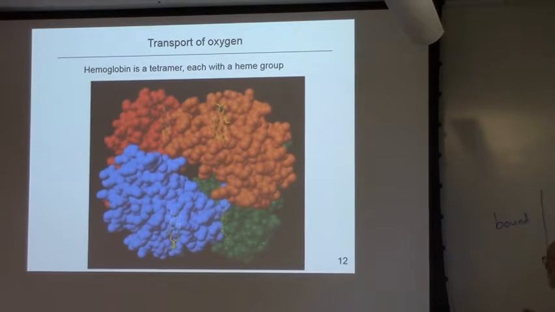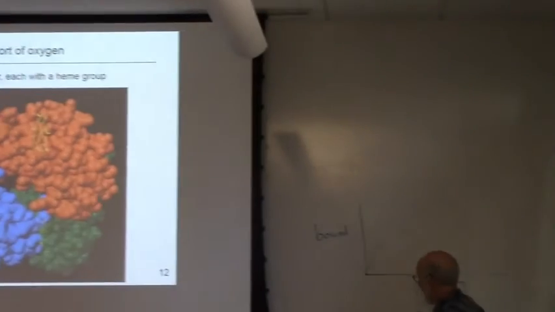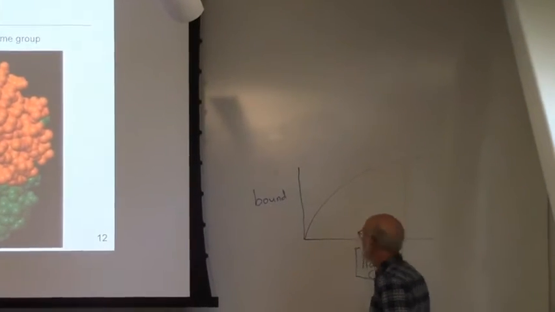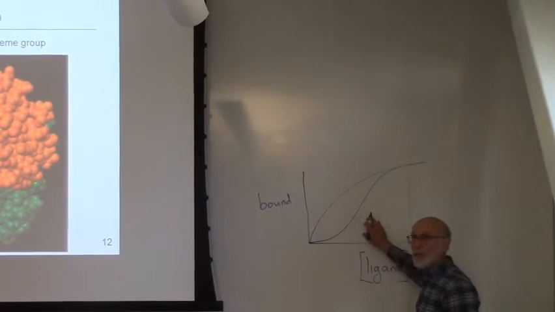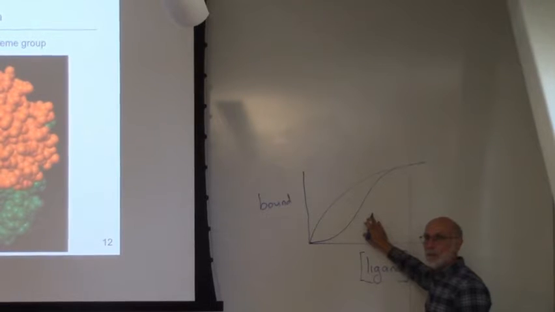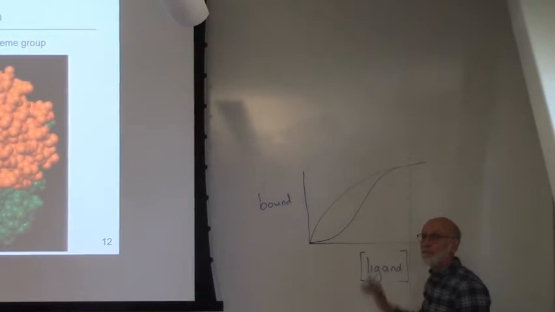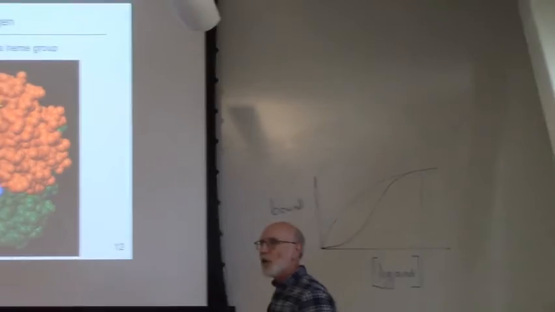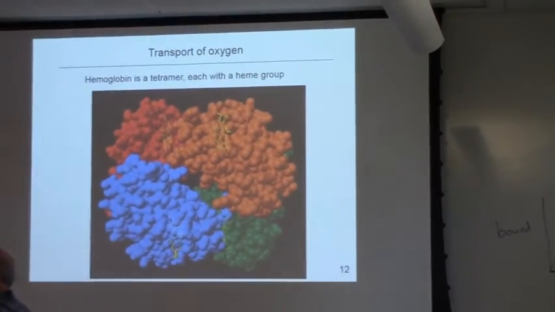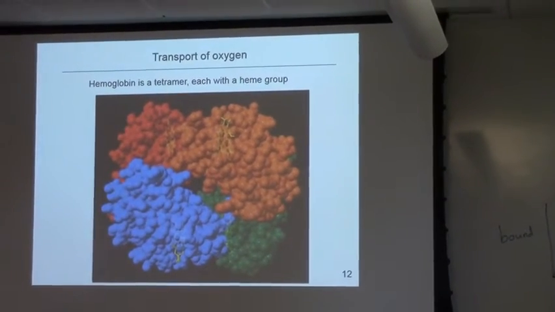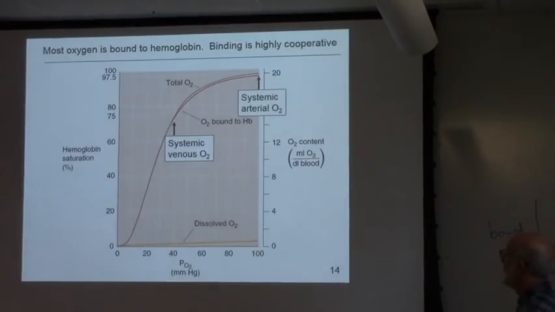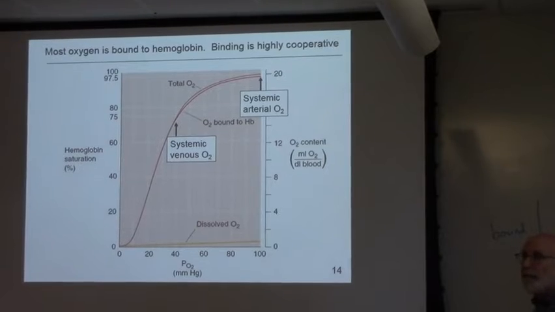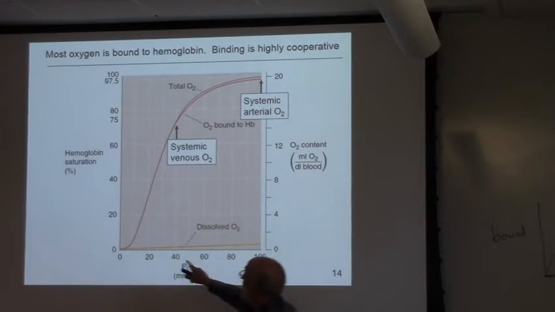Okay, so you've seen how you can turn a curve that looks like this into a curve that looks like this with cooperativity. Anyway, that's what happens. We're not going to get into the chemistry of cooperativity. I'm just pointing out that hemoglobin has a cooperative binding effect, and that's reflected here.